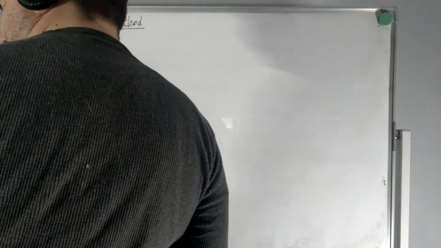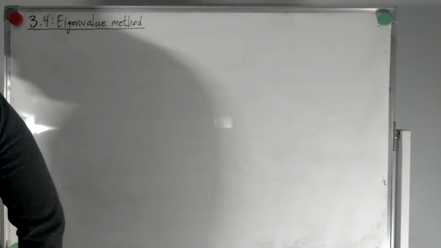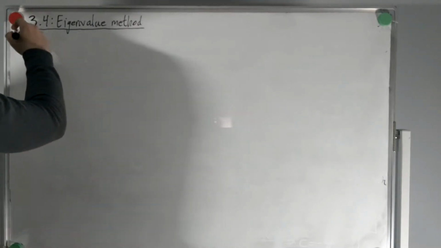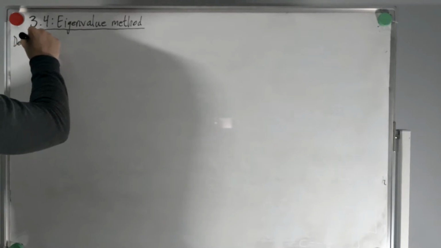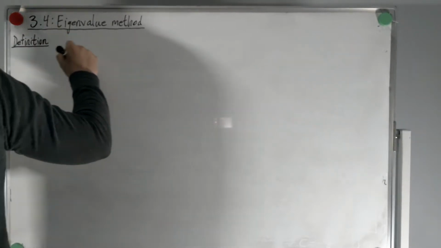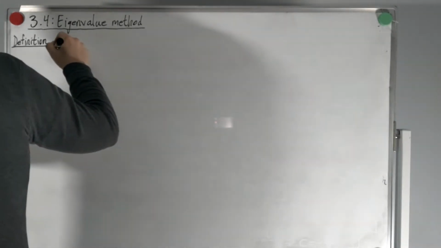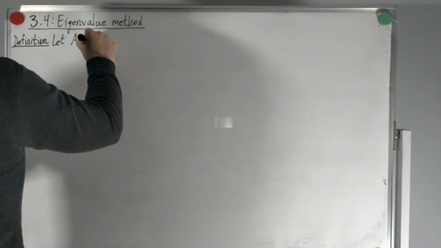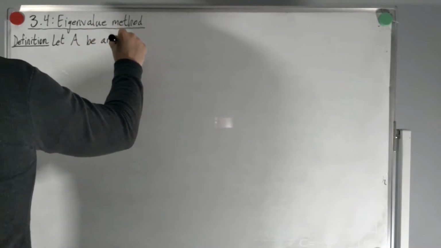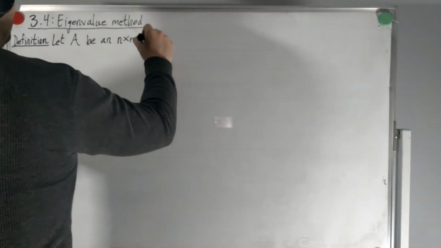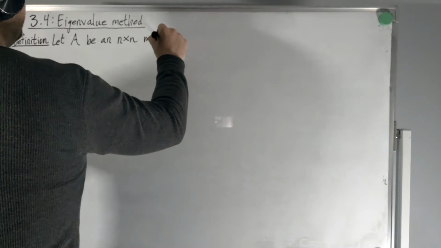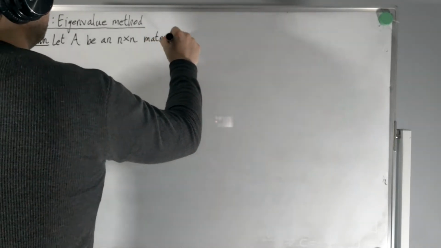So first of all, we need to define what an eigenvalue actually is. So definition. Let A be an n by n matrix. So it's a square matrix, same number of rows as columns.